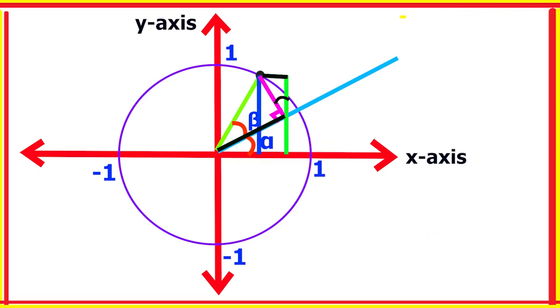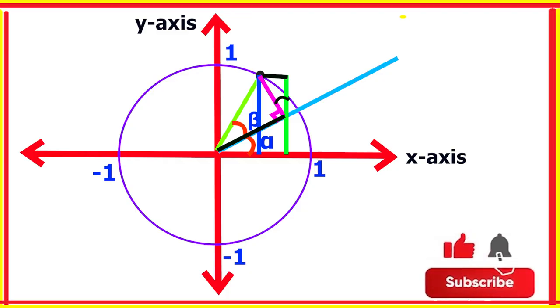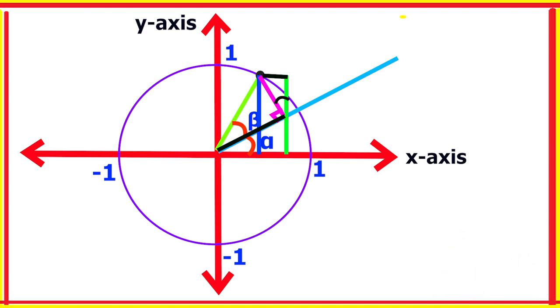Similarly, we need to determine this length. What's this length? Previously, we have seen that cos alpha plus beta is this length. Now we have two lengths, the first one this length and the other one this length.